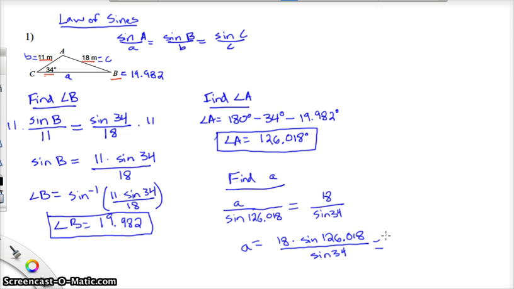I was careful to close the parentheses after I typed in 126.018 there. When I do that, I end up getting 26.036. So that is the final piece of information I need, and I have now successfully solved this triangle.